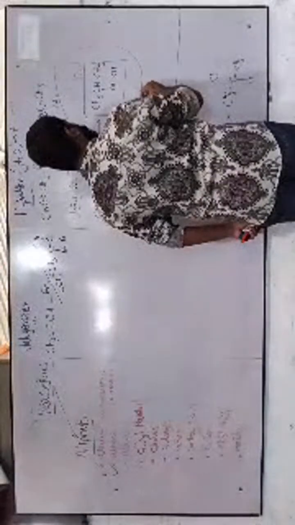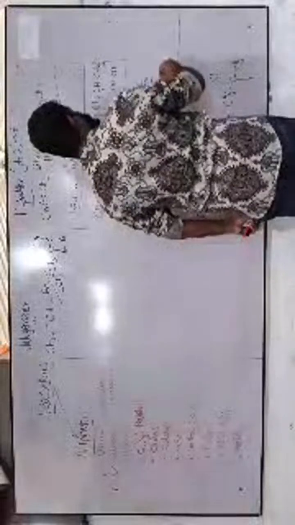Guys, sorry, there's one more thing I have to explain in the alkenes. There's a thing called hydrogenation. In the hydrogenation part, CH3, CH double bond CH2.